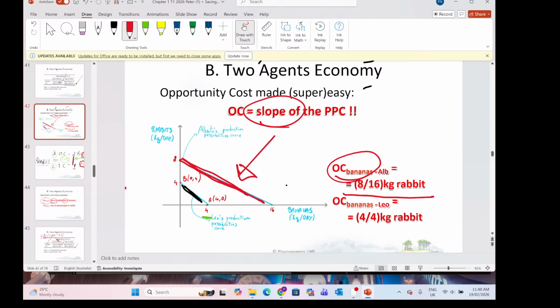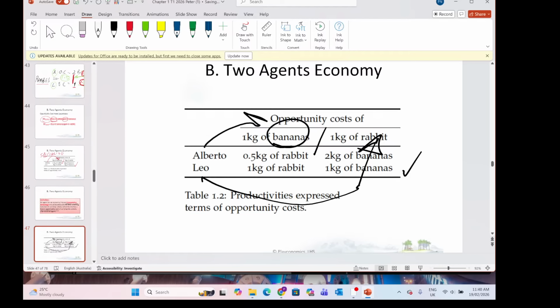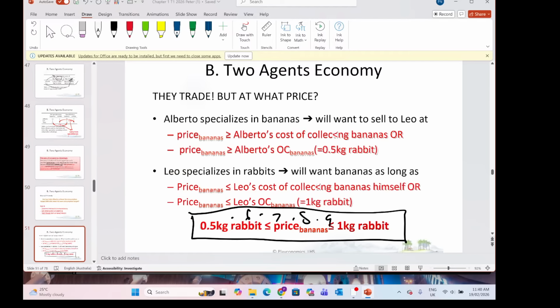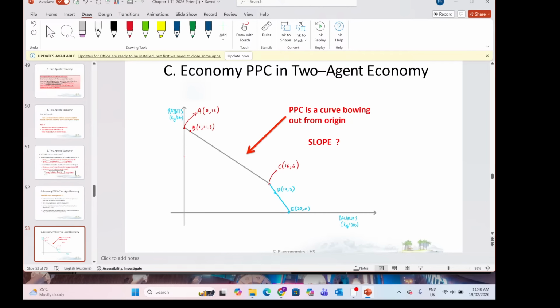So the slope indicates both how much we can produce and also the trade-offs. That's what the production possibility curve is indicating. If we put these two together in the same economy, they'll wind up with two different curves combined into one.